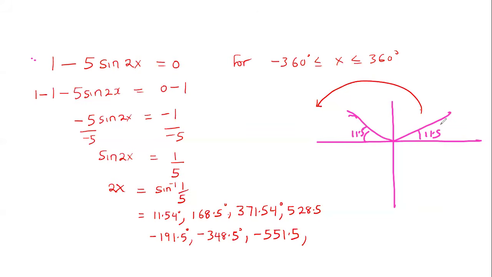Now we are going to move again. So we go to this angle here. The first angle we moved was here. Now we can rotate again and come back here. So how many degrees are those? It is negative 708.5.